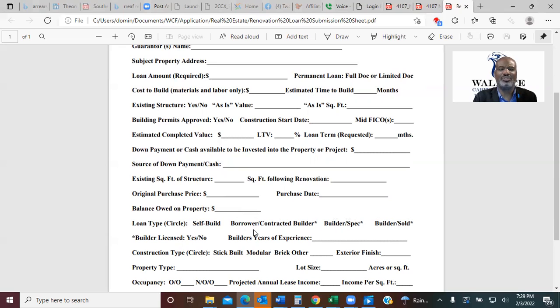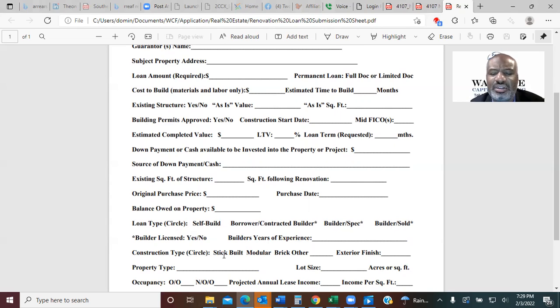If you have a builder that you're working with, is this builder licensed? Yes or no? And how many years of experience does this person have? All right, what kind of construction type is this? Stick built, wood, modular?